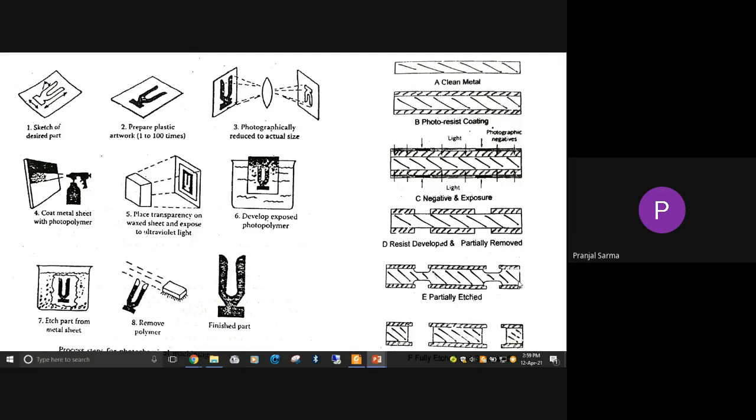The other portions become exposed, and the rest is somewhat similar to the chemical machining process. We dip it inside the chemical, and wherever the resist was removed, the chemical will attack and do the required machining. After that the resist is scrapped out, which is somewhat similar.